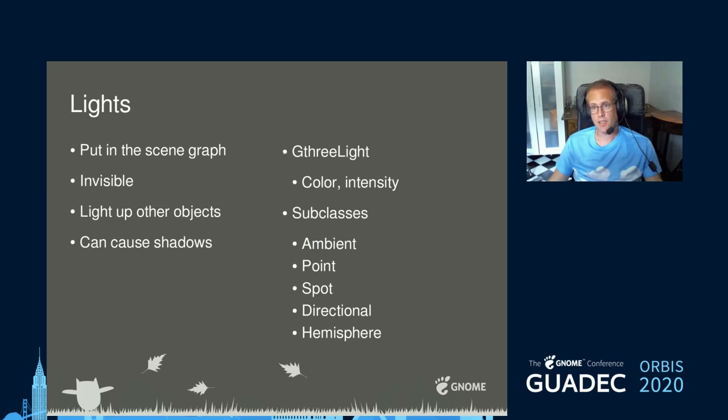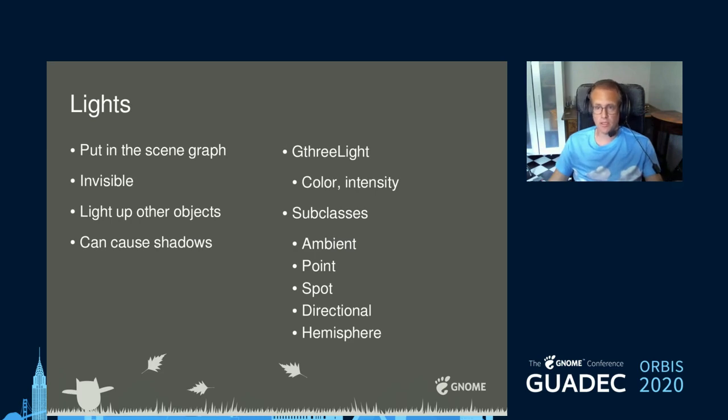We have a base class here, GThree light, which defines some basic properties like color and intensity. And then we have different types of subclasses, where ambient is a global lighting that affects everything equally, which you probably want. You want to have some ambient light so that things aren't completely dark.